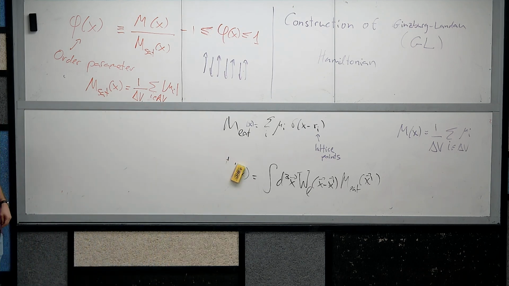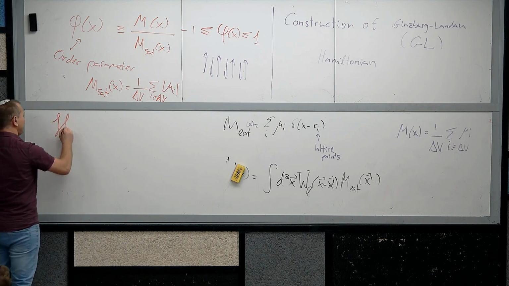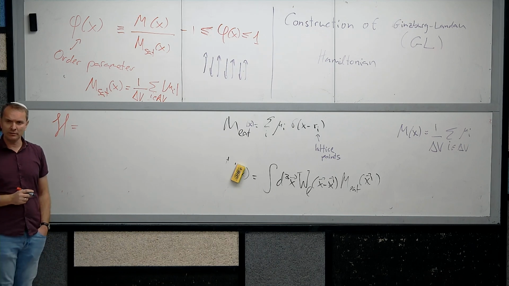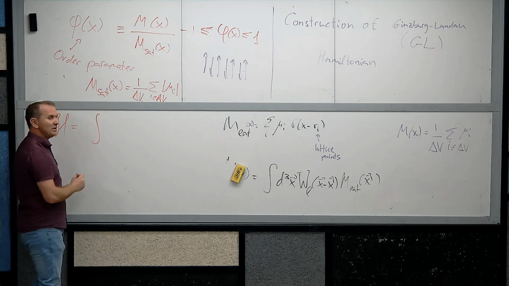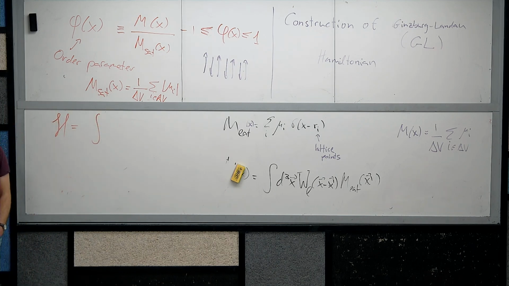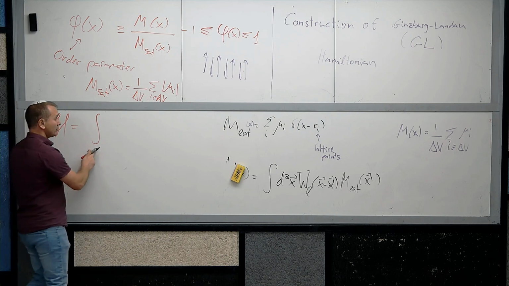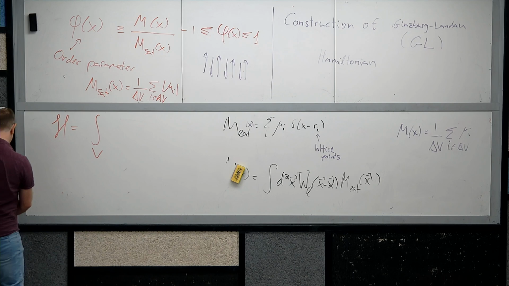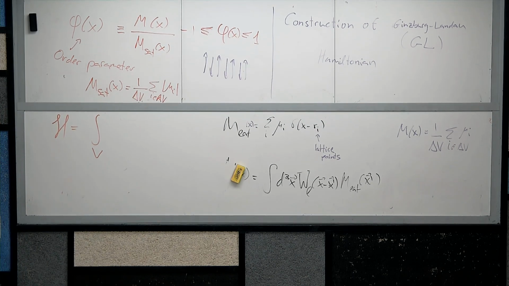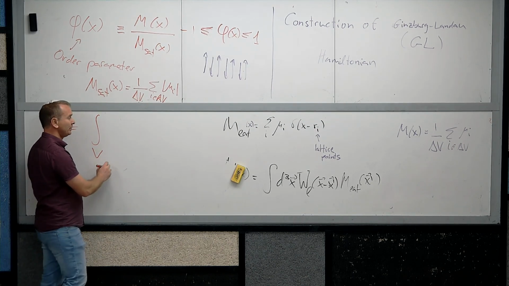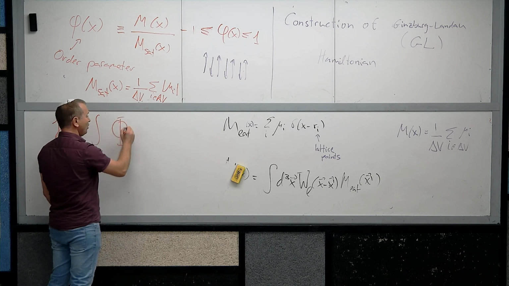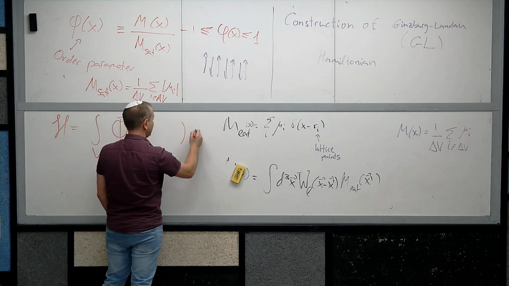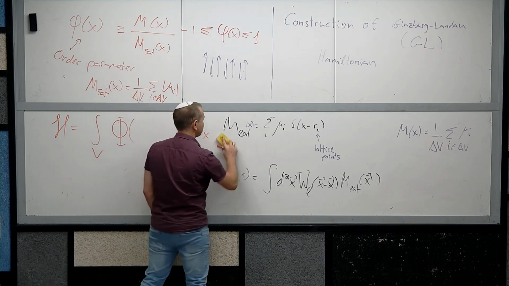So I assume again that my Hamiltonian, as previously, can be described as some integration over the whole volume of some energy density, d3x.